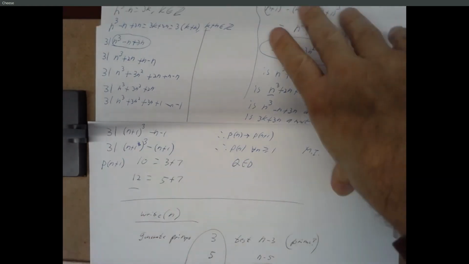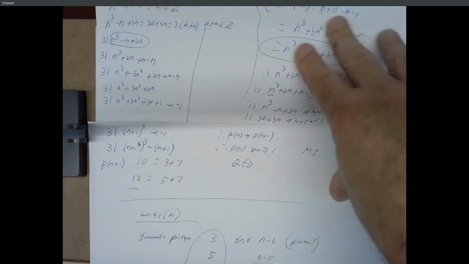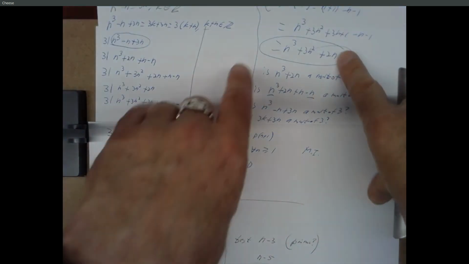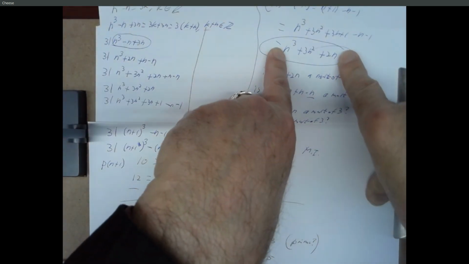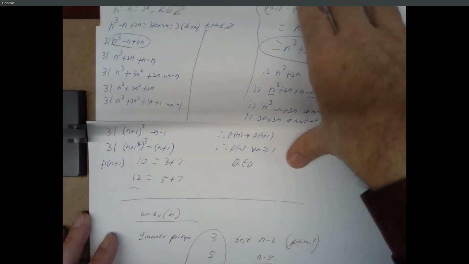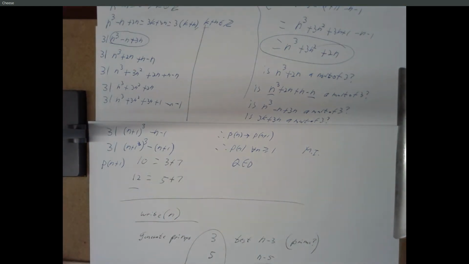And we played around with n plus 1 cubed over here and found a way to use this fact that n cubed minus n is divisible by 3 to rewrite this as something times 3, right? And then once you have that, you have to sort of formalize it over here. So that's a different kind of proof, but it's still mathematical induction.